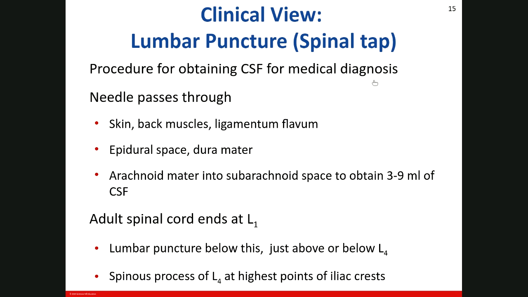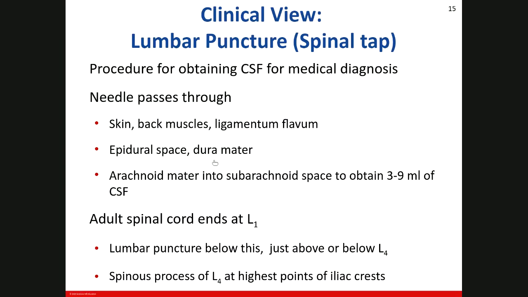For doing a lumbar puncture, the needle should pass through the skin, the back muscle, and a ligament which is located in the posterior part of our spinal cord, and we call it the ligamentum flavum or yellow ligament. We should pass the epidural space and dura mater.